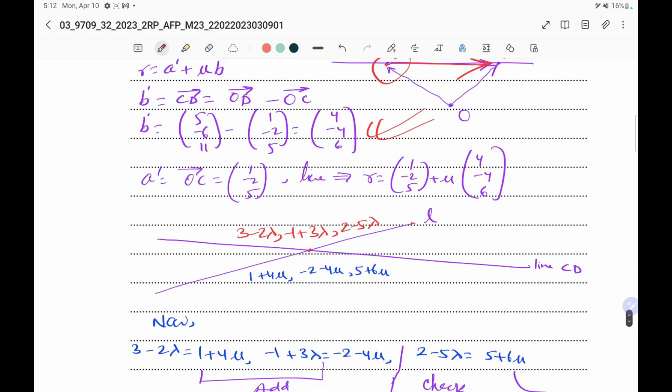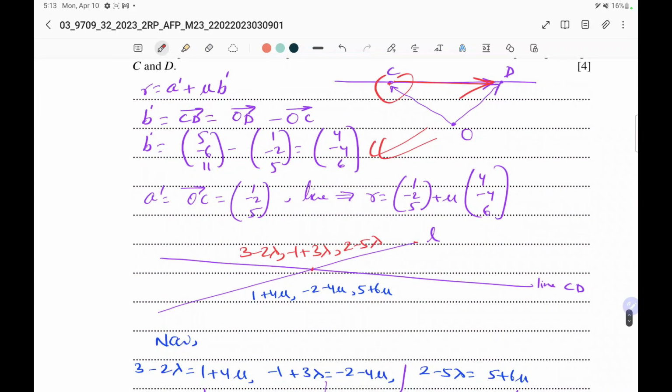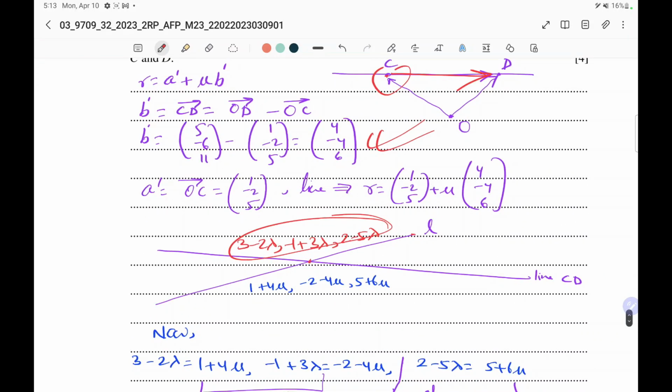So this is your L, and the general coordinate of L is 3 minus 2 lambda, minus 1 plus 3 lambda, 2 minus 5 lambda, which I have written here. And for the new line CD, the line passing through C, D, it is 1 plus 4 mu, minus 2 minus 4 mu, and 5 plus 6 mu.